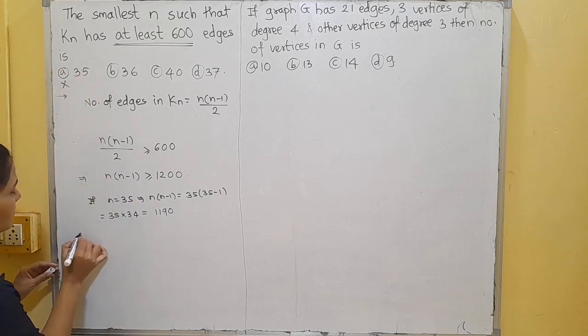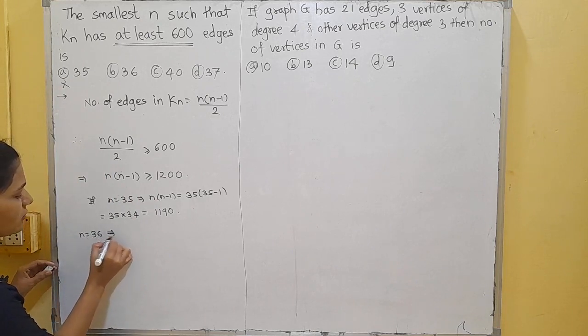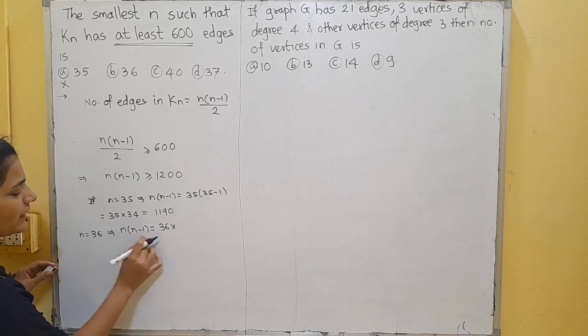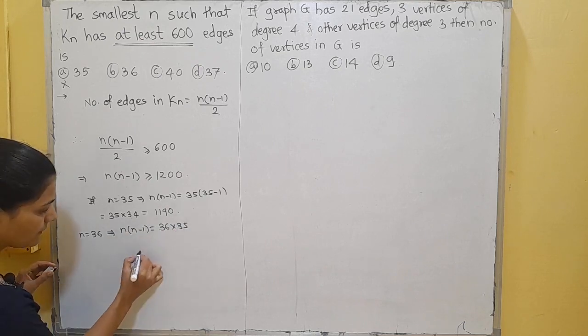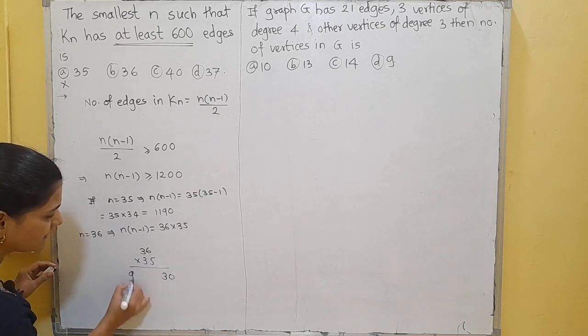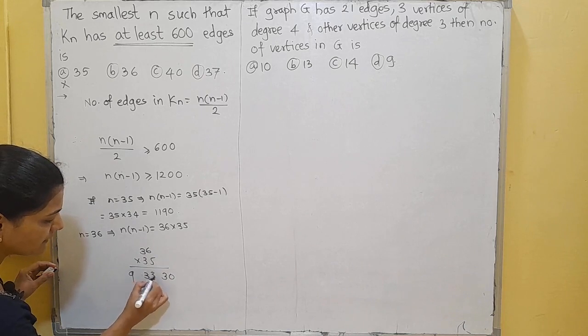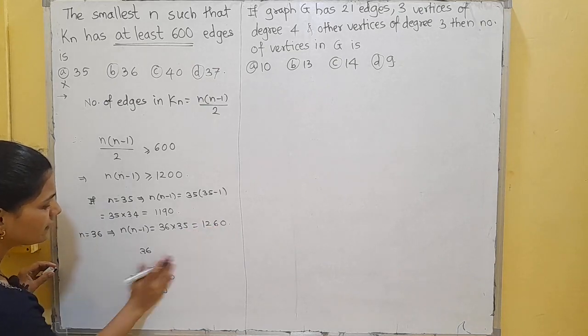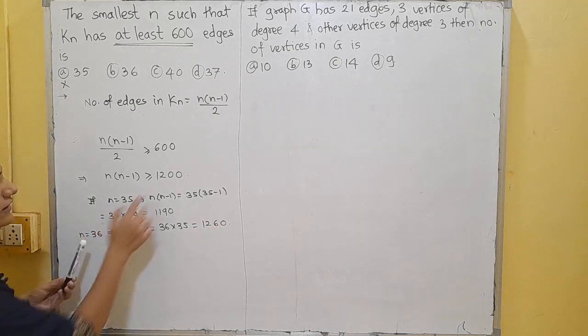Now I am substituting n is equal to 36. Then n into n minus 1 will be 36 into 35, which is 1260. Now check whether 1260 is greater than or equal to 1200.